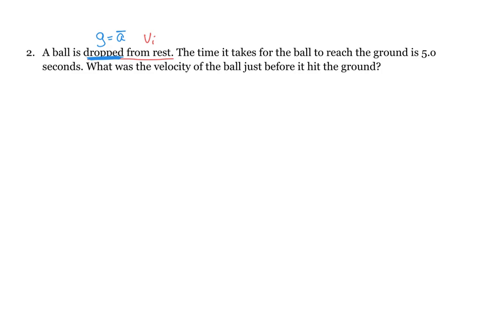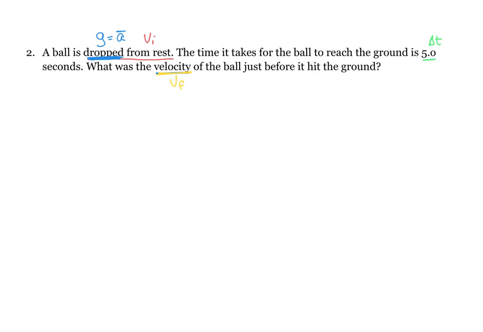All right? The time it takes for the ball to reach the ground is 5.0 seconds. That's also important. What am I going to assign to this 5.0 seconds? Delta time. And then what was the velocity of the ball just before it hit the ground? What am I going to assign to this? Final velocity, v of f. All right.